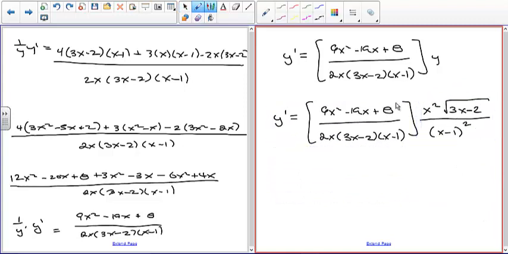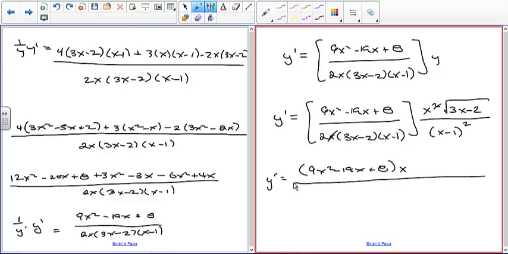And then you can simplify because these cancel out with one of these. So let's see what we get. We'll get 9x squared minus 19x plus 8. So this is going to cancel out with one of those. So we're still left with x.